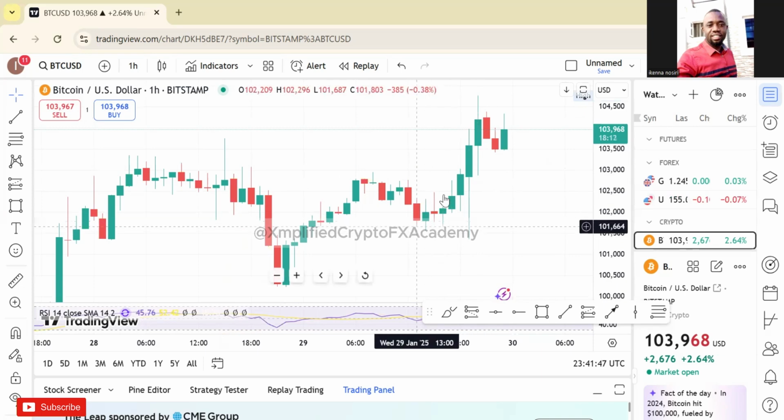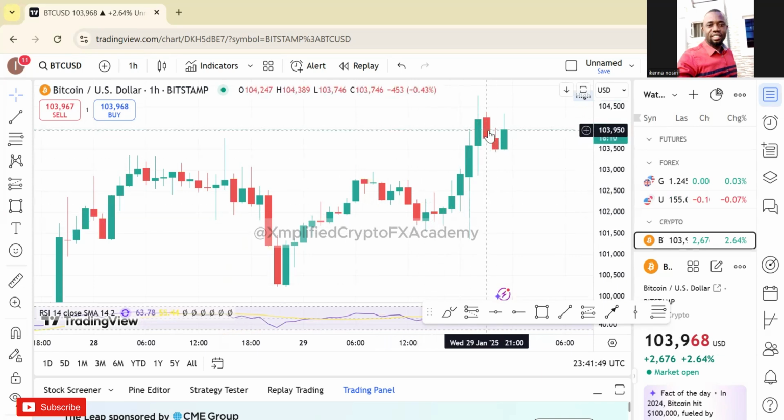These candlesticks, these price actions, you start interpreting them one after the other, because it's like history repeating itself.